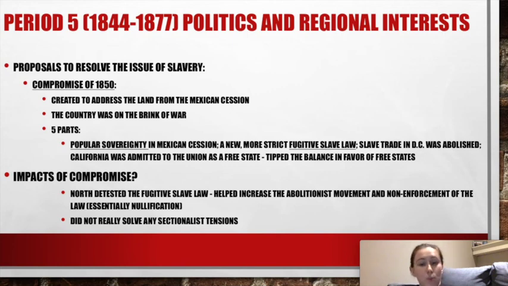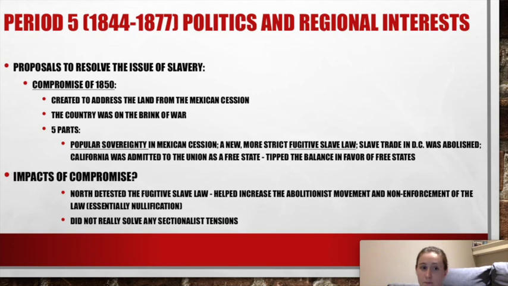Another part of this compromise was the fugitive slave law, or more strict fugitive slave law, in which slaves who had escaped into northern territories would be taken back to the South and back to their owners, and this would be federally protected, as well as California being admitted to the Union as a free state.